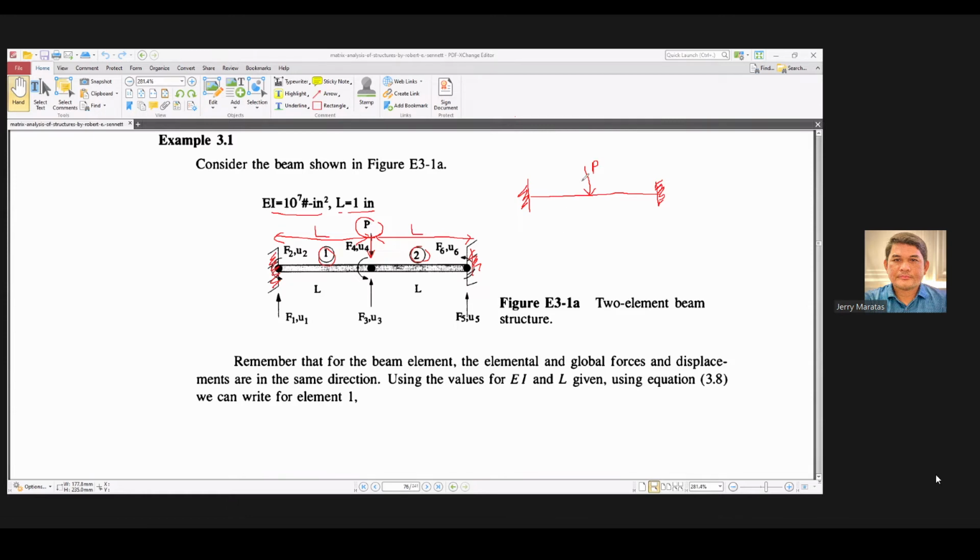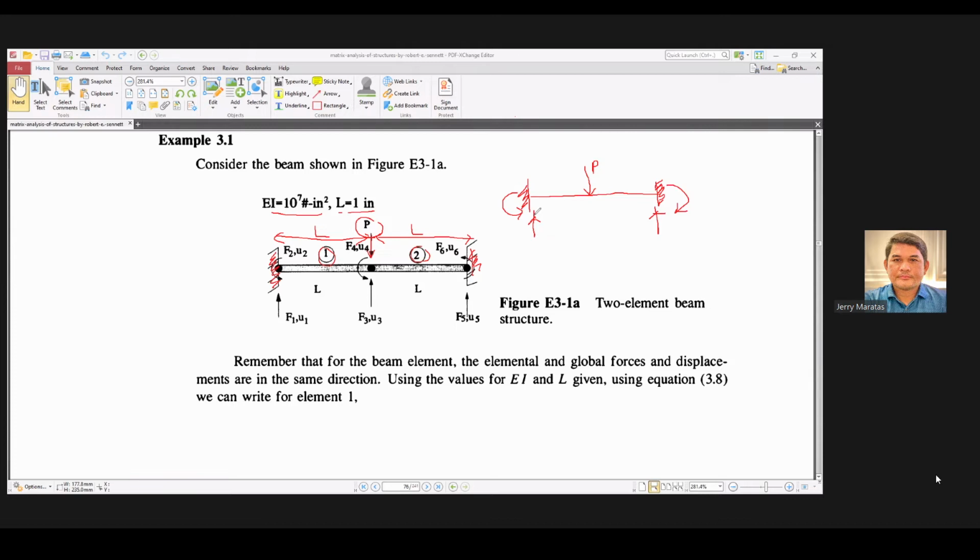This is obviously an indeterminate structure. Statically indeterminate to what degree? For a beam, how many equilibrium equations are there?